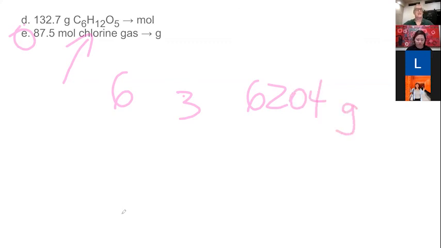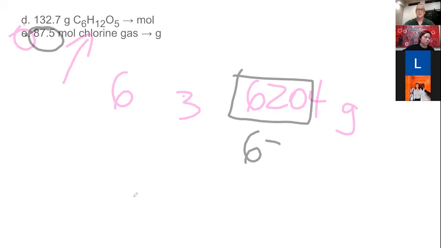And when you look at the number of significant digits, what number should your answer have? 3. 3, right. Well, that's the tricky part, because if I have 3, then my answer gets rounded down to 6,200.